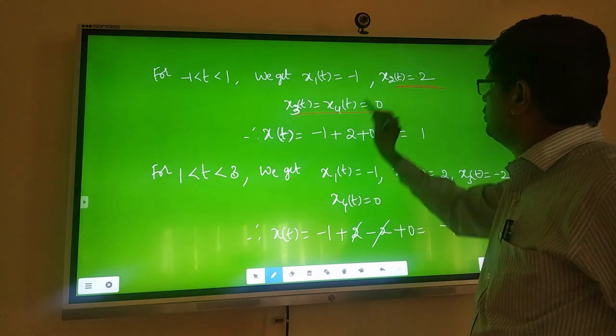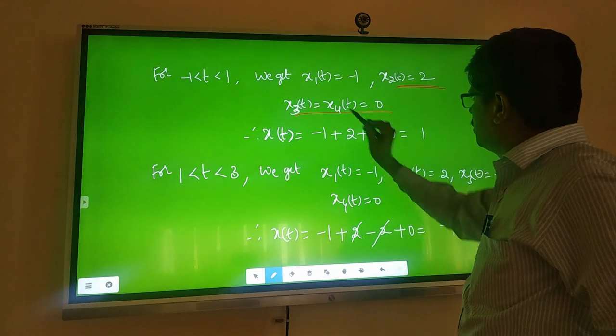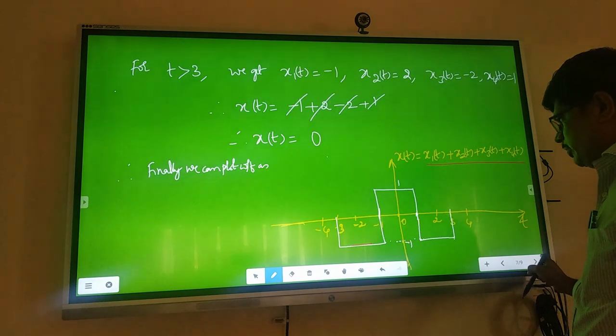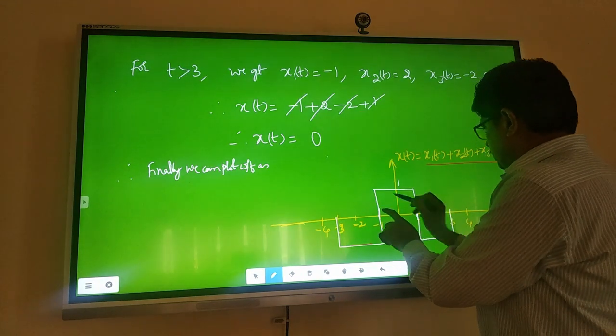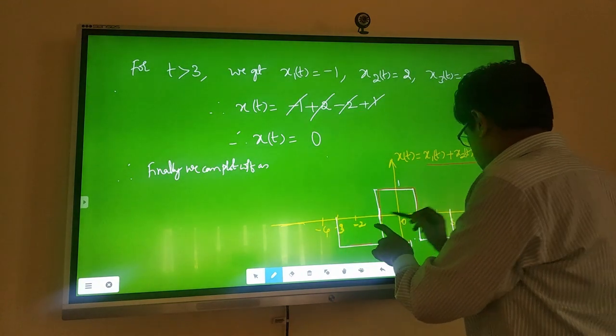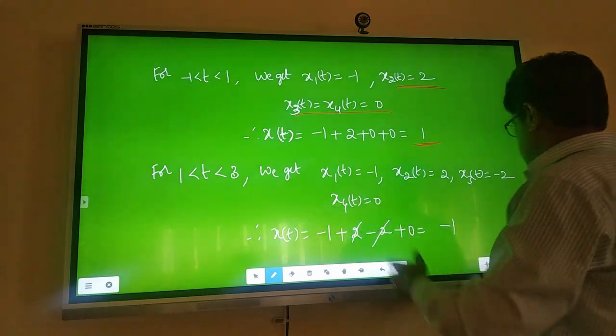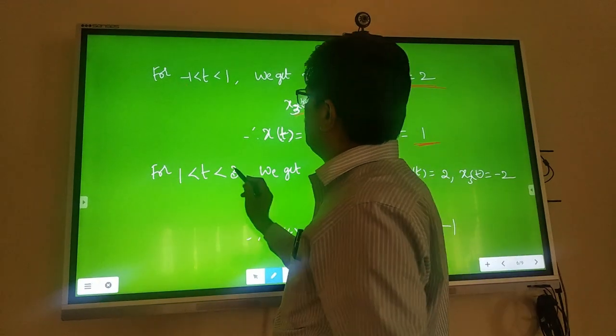Therefore x(t) is equal to minus 1 plus 2 plus 0 plus 0, which is equal to 1. Therefore, I am writing here, minus 1 to 1, its value is 1. Next is t greater than 1 and less than 3.